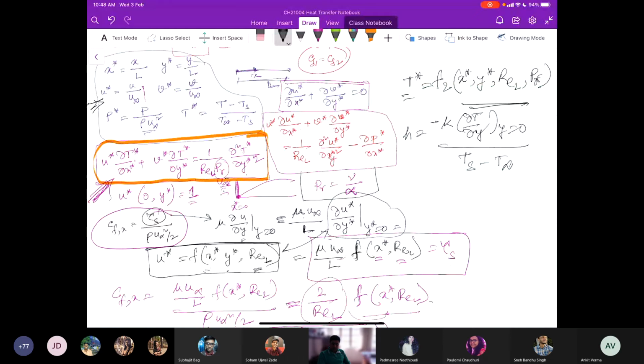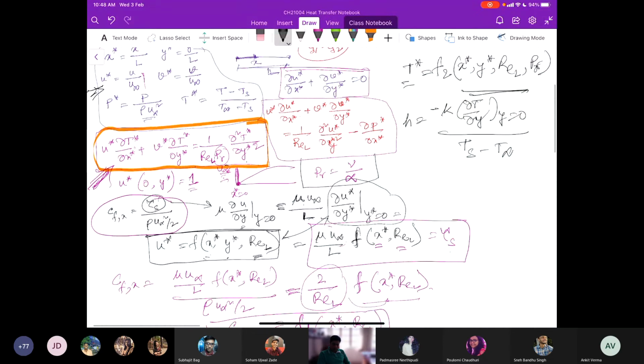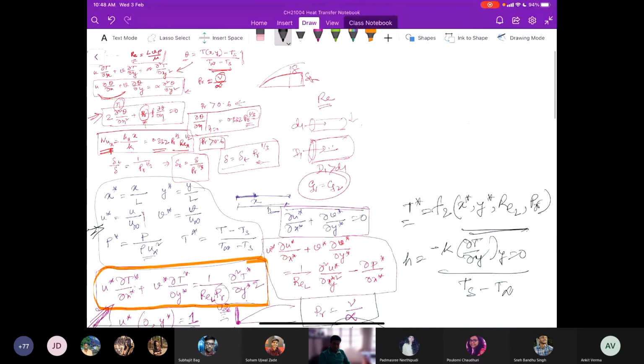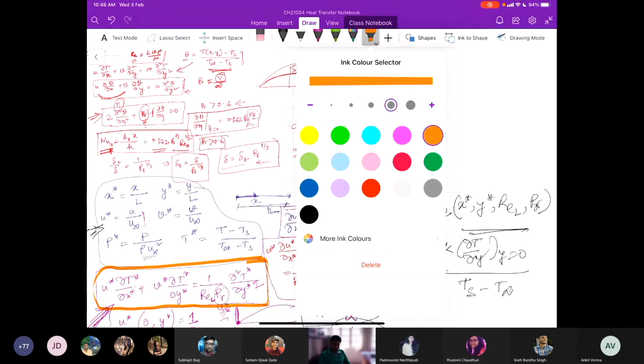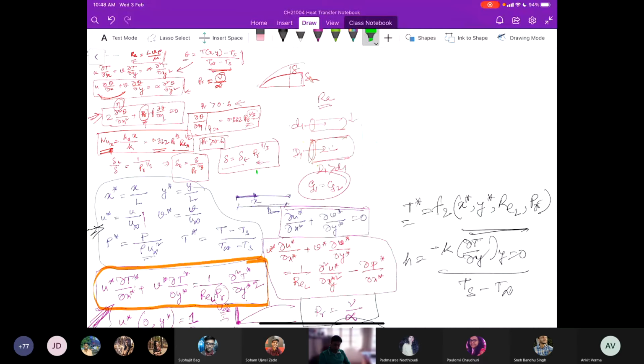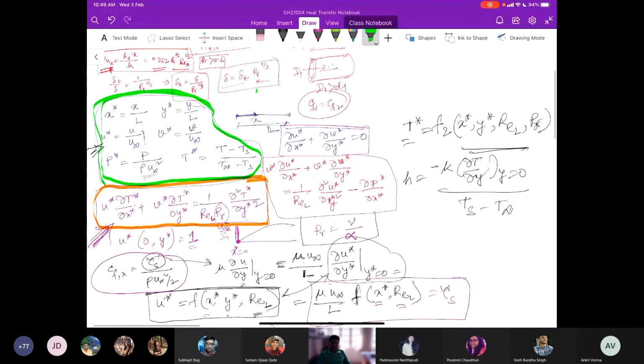Again, in this expression, we replace these parameters, these non-dimensional parameters, the green enclosure.